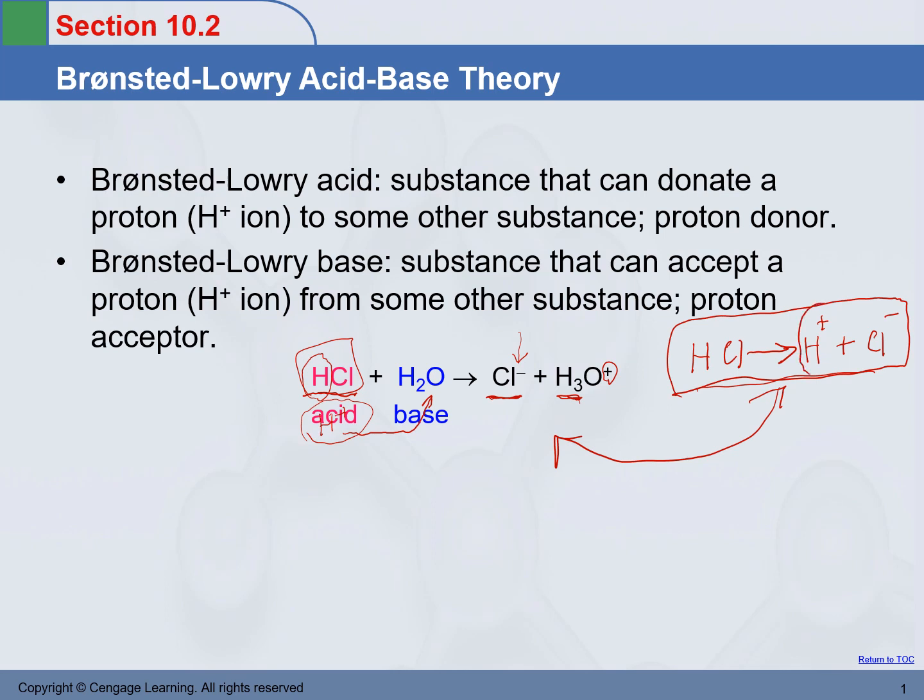A hydrogen ion, a proton, never exists as a proton by itself in water. A proton in water always combines with a water molecule to stay as hydronium ion. This is a hydronium ion.